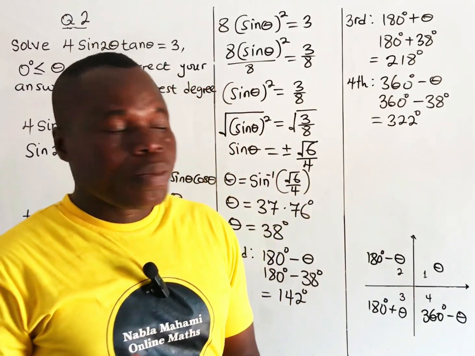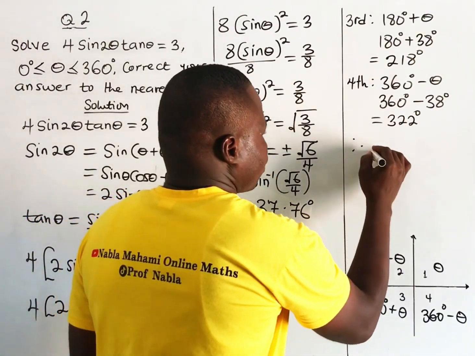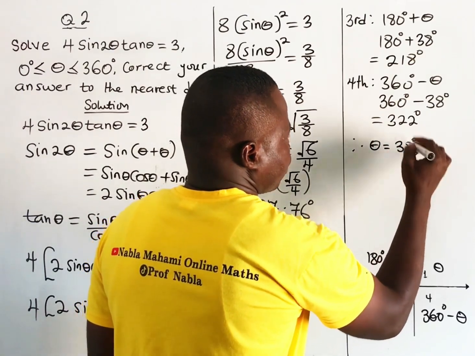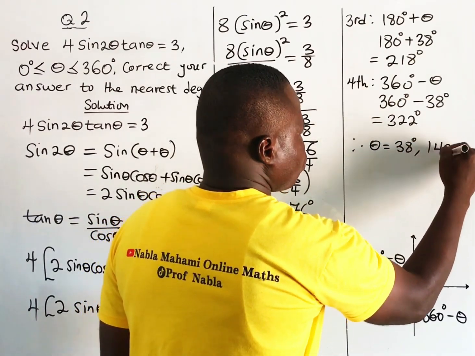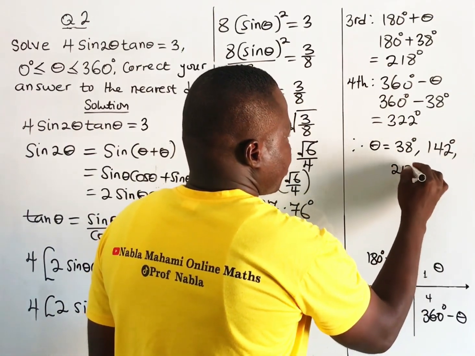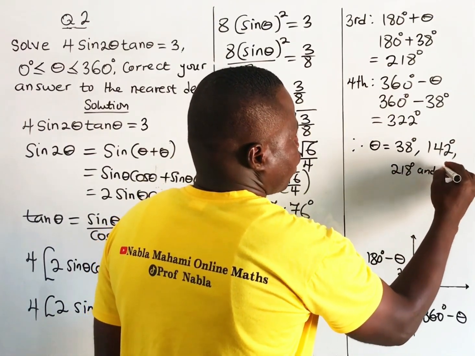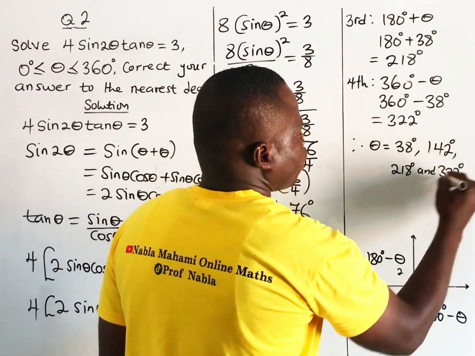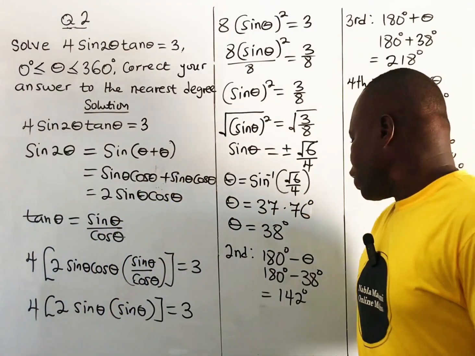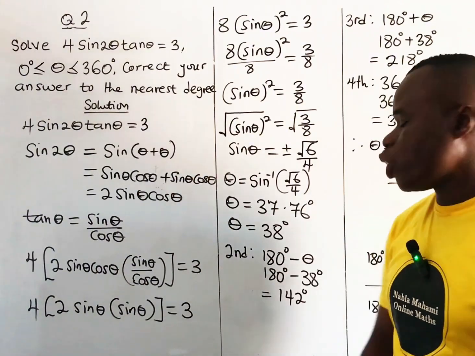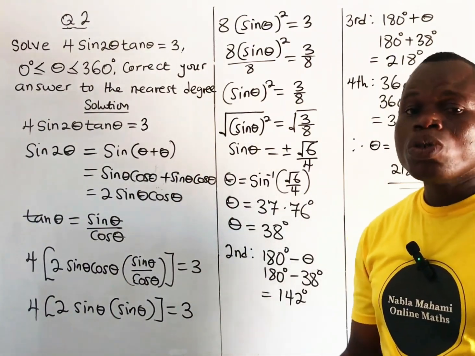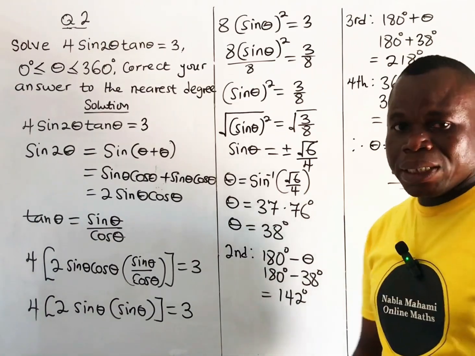We can now conclude by saying that theta will be equal to 38 degrees, 142 degrees, 218 degrees, and 322 degrees. These are the possible values of theta if you solve this particular question, and this is what the students were supposed to do for their marks.